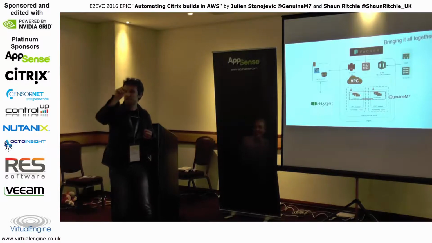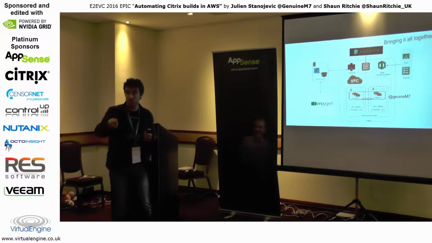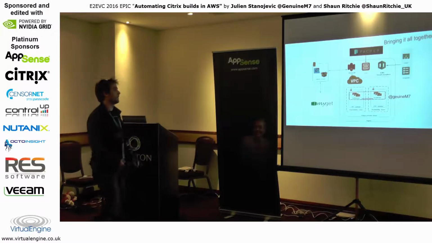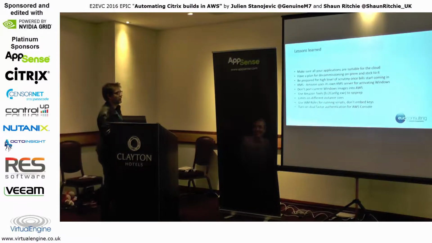Machines of this type with this AMI instance, etc. So technically, I can build new machines on the fly when this is required, right? I don't know if we have time. I could probably show you that in a few seconds.